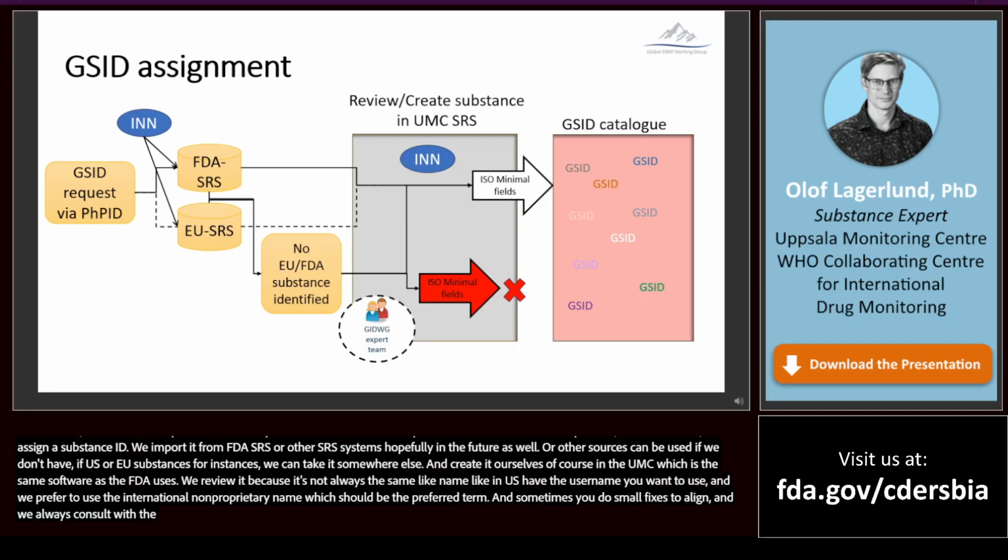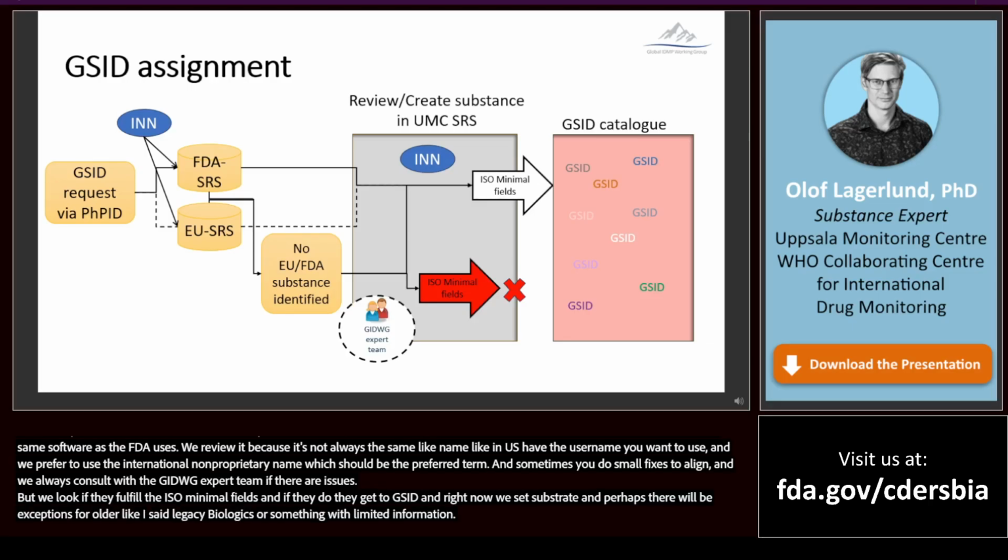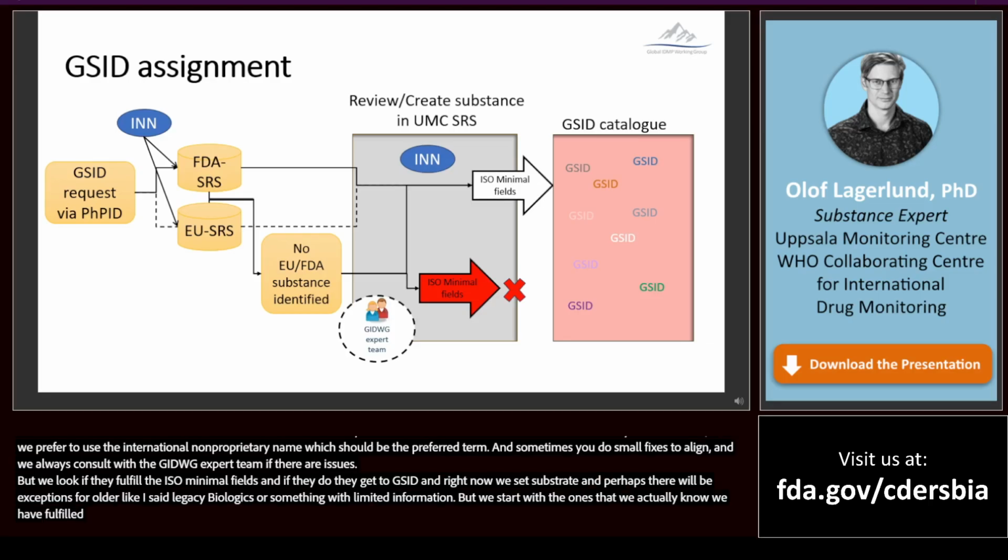We look if they fulfill the ISO minimal fields, and if they do, they get the GSID, and if they don't, right now, we set a stop to that. And perhaps there will be exceptions for older legacy biologics or something with limited information. But we start with the ones that we actually know have fulfilled the requirements.